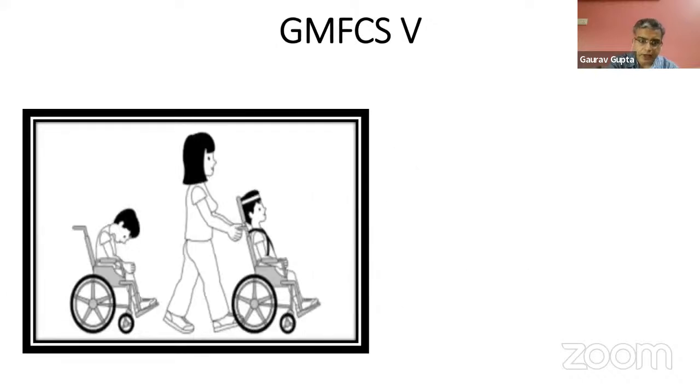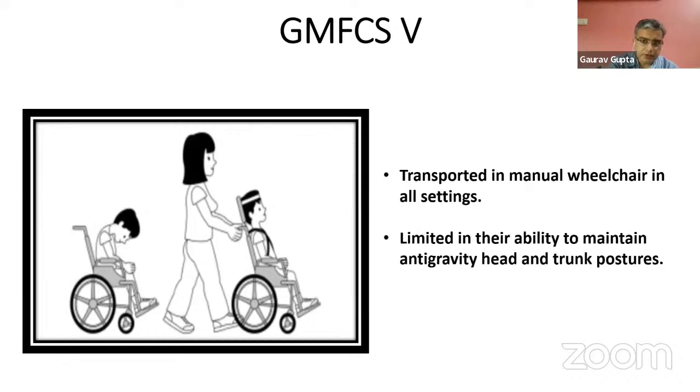Then GMFCS 5, they are the most compromised. They are always transported in wheelchairs. They have limited ability to maintain even neck posture, or they have poor head control. So they need a head support also while being transferred or while being carried in the wheelchairs.